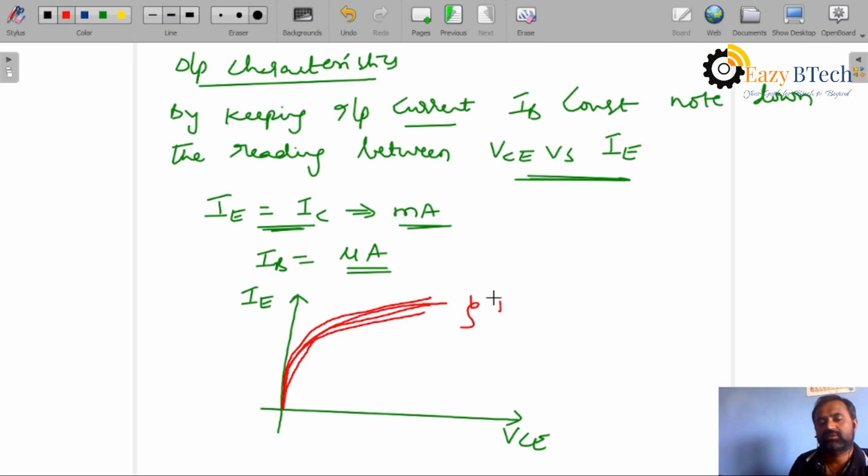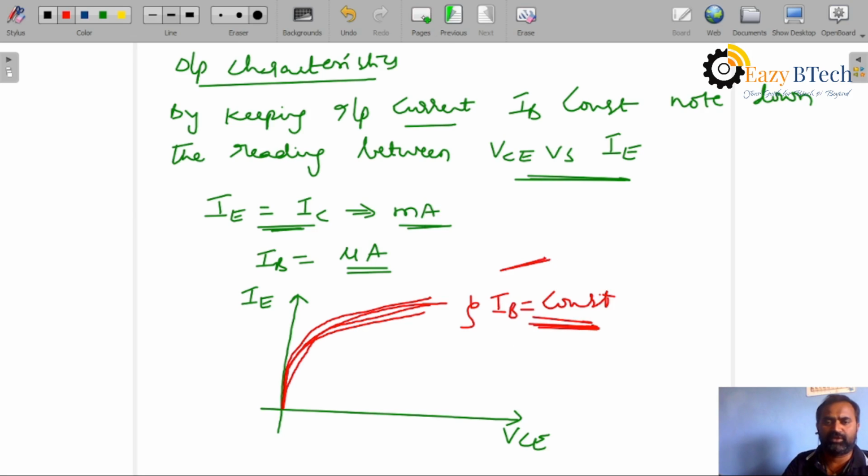This is IB constant. This is the common collector configuration.